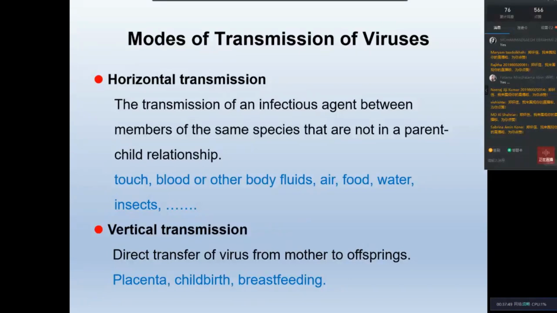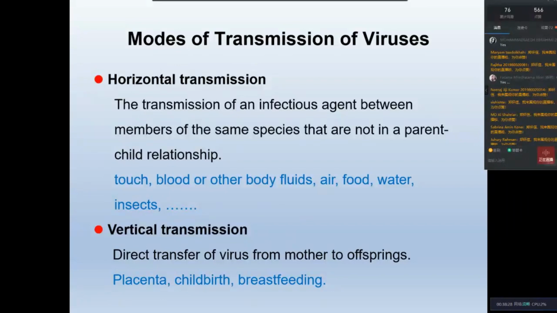And the ways for transmission are quite different. For example, there might be some direct contact, like touch, or sexual contact, or blood transfusion, or transfusion of other body fluids, or air, like respiration, or the virus is in the food or water, and if we ingest that food or water, it can infect another person.